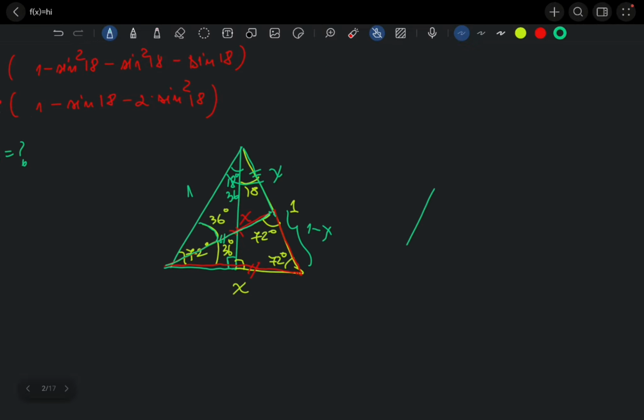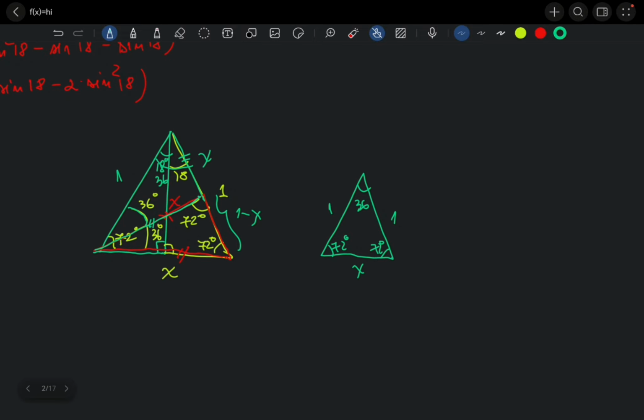Now, if you look at our big triangle, which was an isosceles triangle with angle 72 degrees, 72, and 36, with side lengths 1, 1, and x, and the red triangle that we marked, which was also an isosceles triangle with angle 72 degrees, 72, and 36, with side lengths x, x, and 1 minus x, we see that those two are proportional to each other.